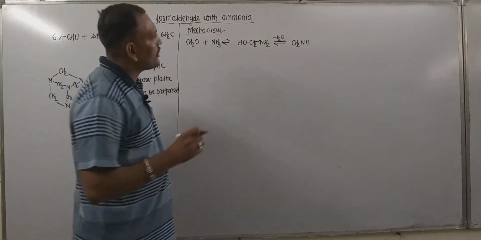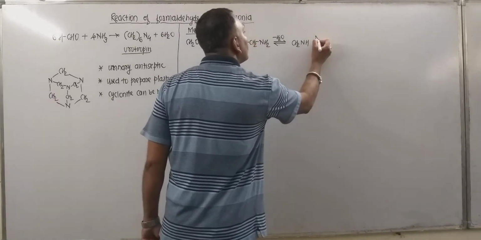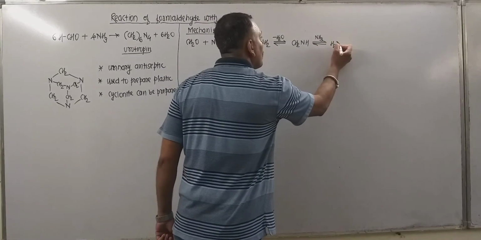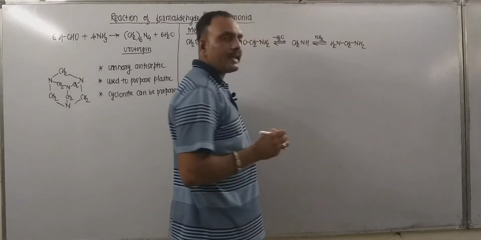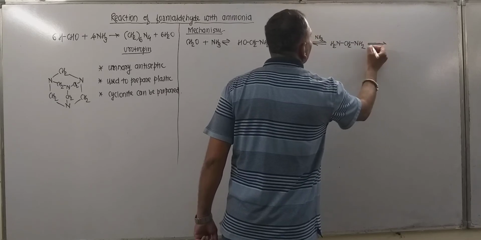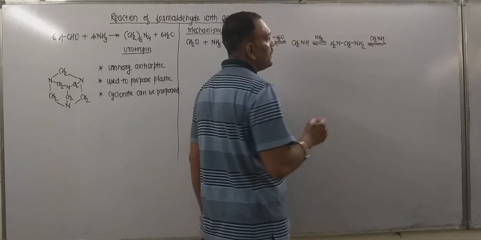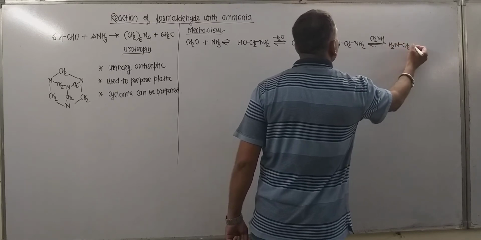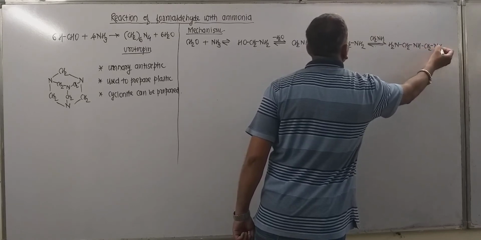Now exactly what happens, the imine further undergoes addition with ammonia, and this leads to the formation of another addition product which can be given as. Now this addition product further combines with imine, and at this stage another product which can be given as NH2CH2NH.